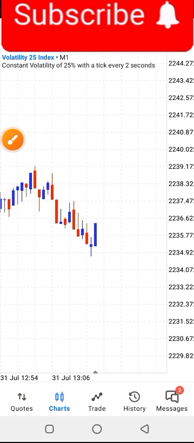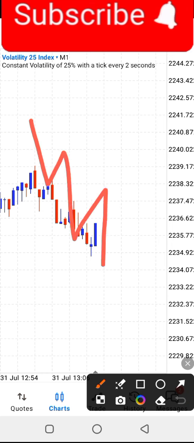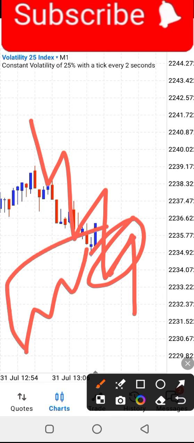The fact that H1 is moving in a downtrend like this, for example, inside of an M1 time frame, this leg that is creating the lower high is going to look like this. So if it's this leg that is being formed and you go to M1, this is what you will see, which is an uptrend.